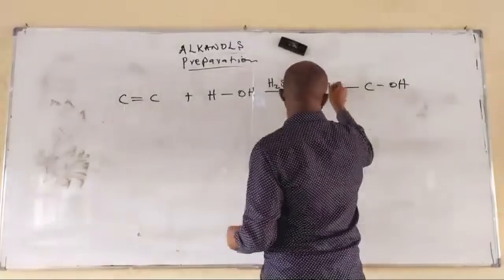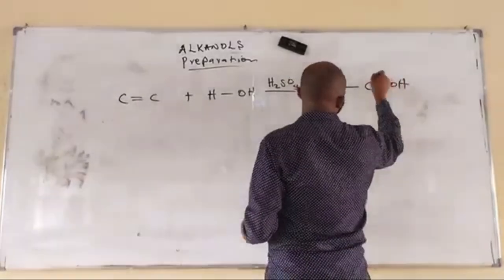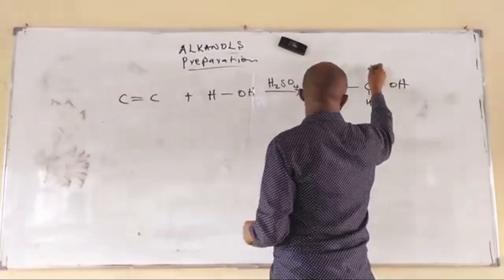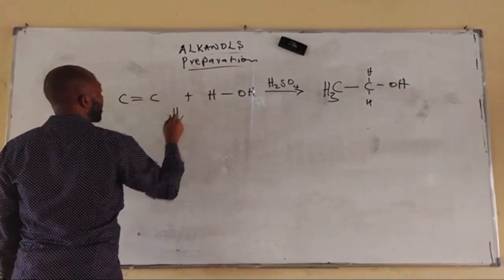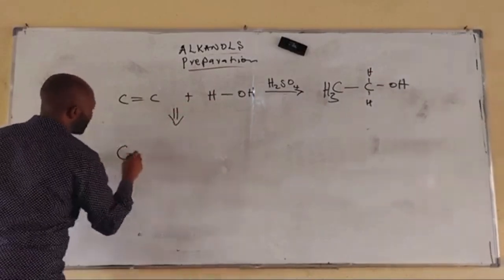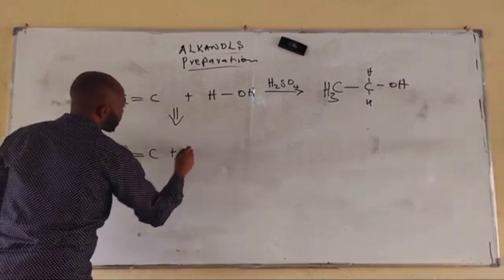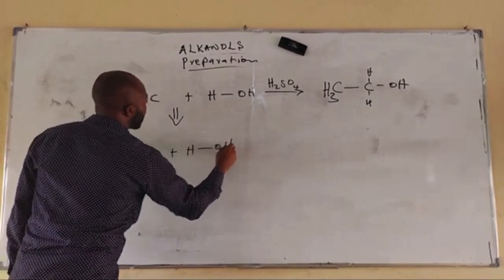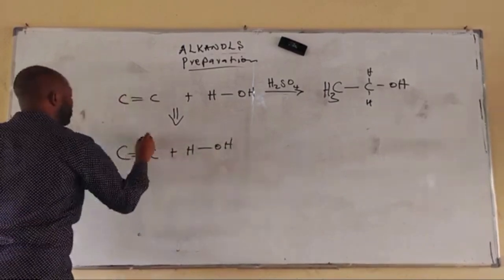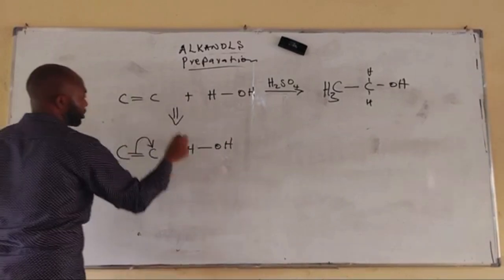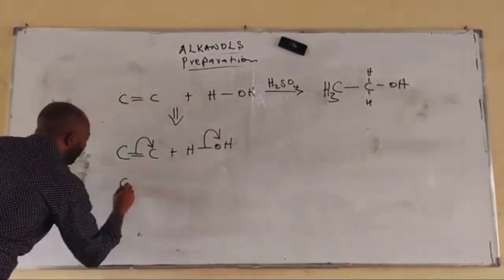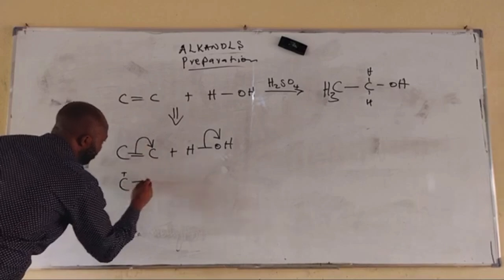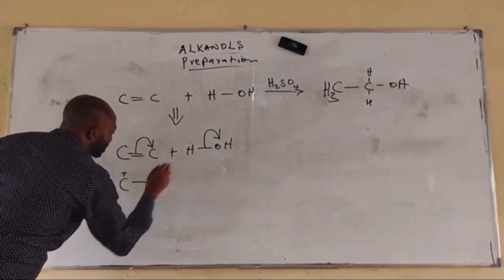Now, you know our CH3 hydrogen. Now let me show us the mechanism. How does that happen? This is C double bond C plus hydrogen. So this will move to here to give out its bond, and this will also give out its own bond. And we have a carbon which is plus, it has given out. We have another carbon which is negative.